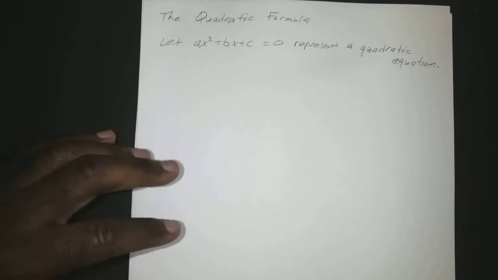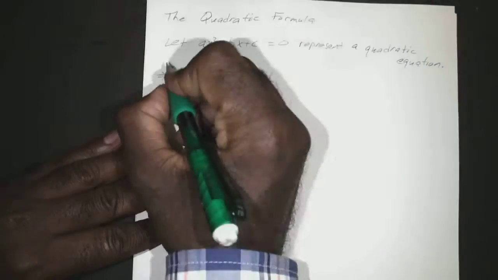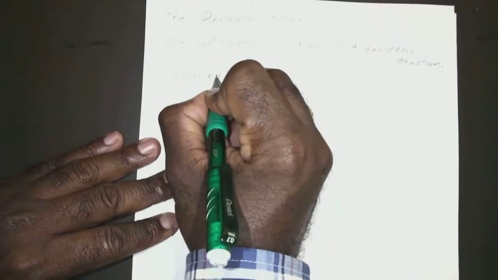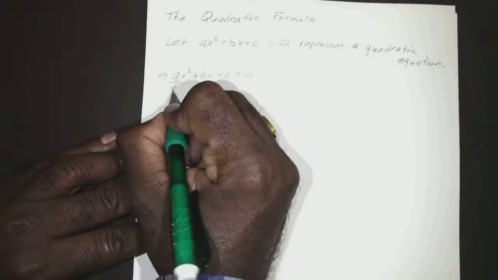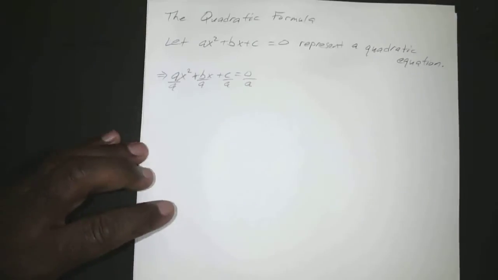So what we're going to do here is actually complete the square on this one. Okay, so if you have ax squared plus bx plus c equals 0, we're going to divide every term by a.